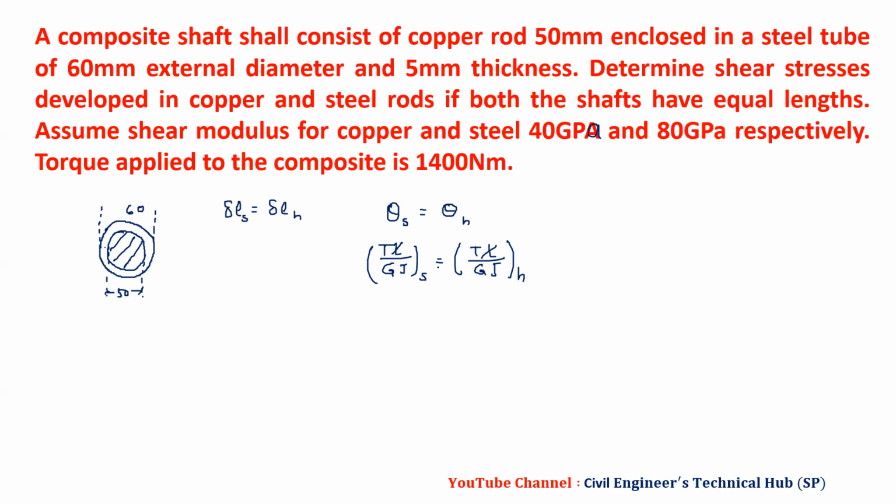Then we put in the values, from which we get a relation between TS and some constant times TH. And then we know TS plus TH is given as 1400. By using these two equations, we can find the value of TS and TH. Then by using T by J is equal to tau by R, we can find this for solid, and similarly for hollow.